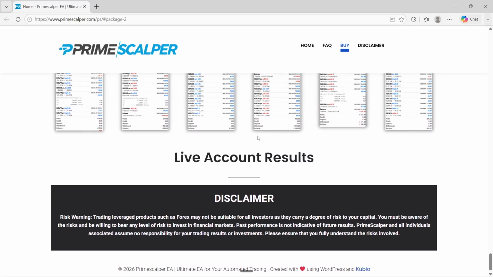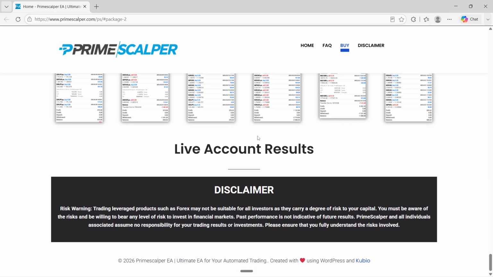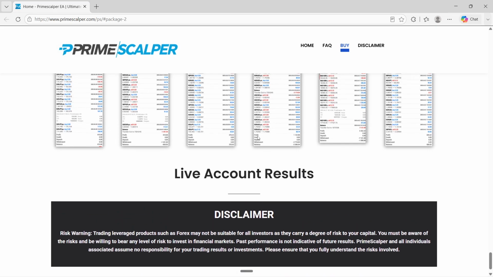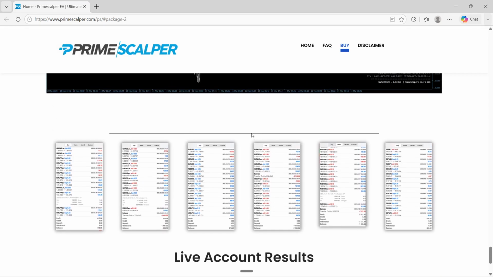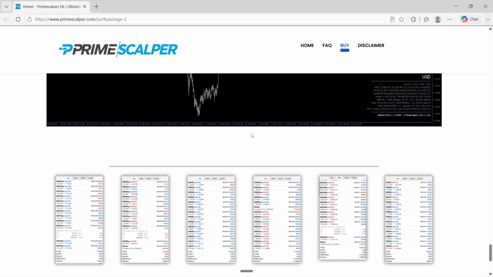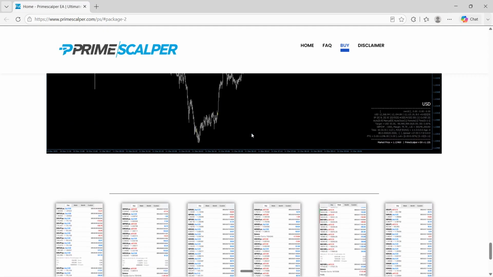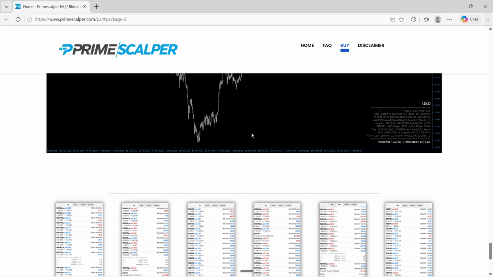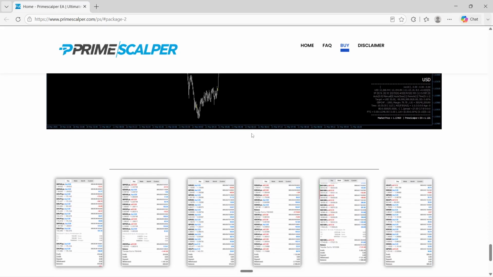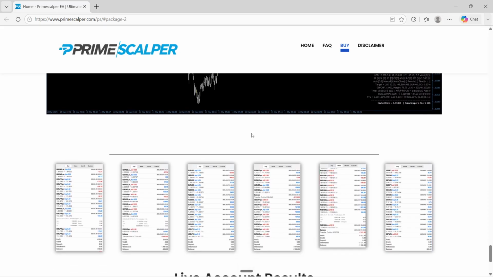But basically, as a pure M1 scalper, results depend heavily on broker spreads, execution speed, slippage, and current market volatility. Scalping systems on the 1 minute chart can generate many small trades, but transaction costs and news events can quickly erode any edge. The use of pending orders and a hard small stop loss is a positive for risk control.